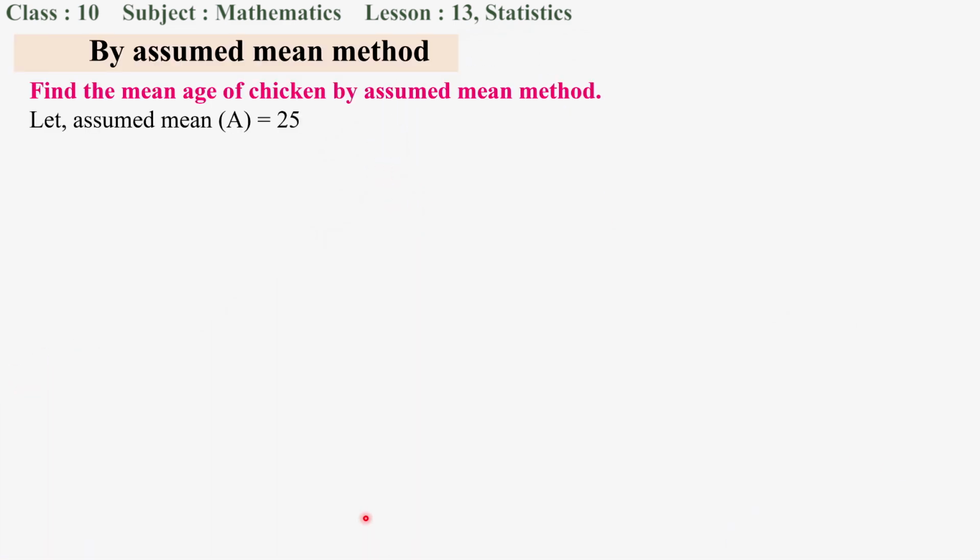Okay, for the same data, we can find the mean by the assumed mean method also. Let's see here how to find it by the assumed mean method. For the assumed mean method, we have to suppose one mean, that is assumed mean, meaning suppose a mean from the mid values.